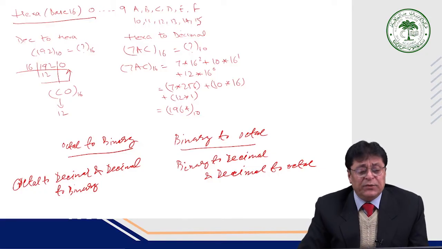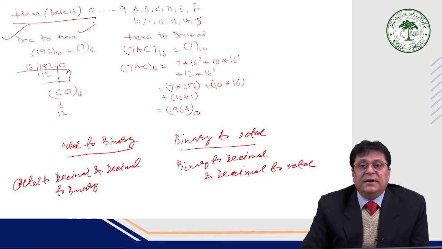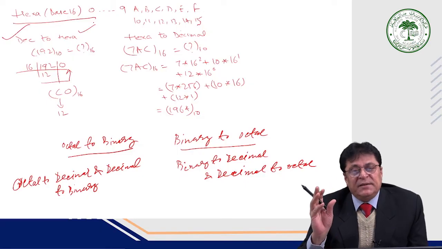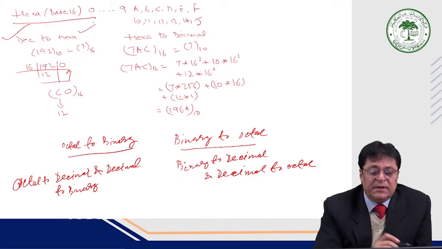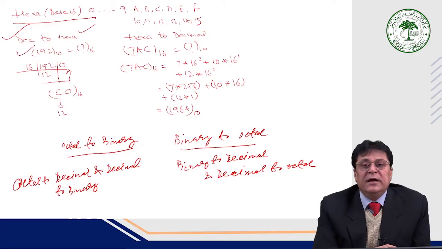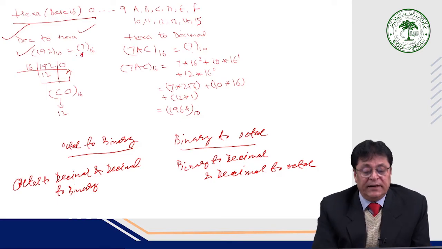Now, in order to convert a decimal number into a hexadecimal number, what we will do is take the base of the hexadecimal number, which is 16, and divide the given decimal number by it. Suppose we have the decimal number 192 base 10, which is to be converted into the equivalent hexadecimal number.